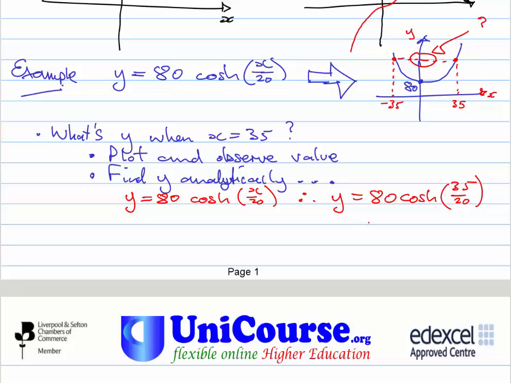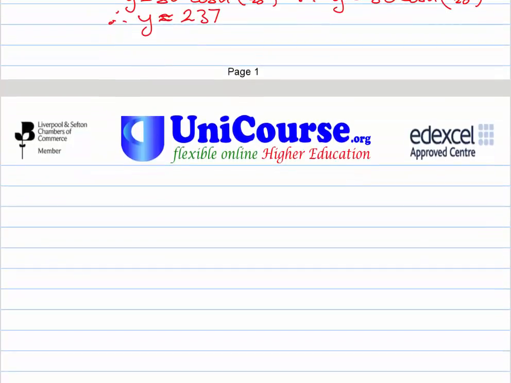Get the cosh of that, multiply by 80, and you should find that y comes out to be 237 and a bit. Okay, so almost equal to 237.